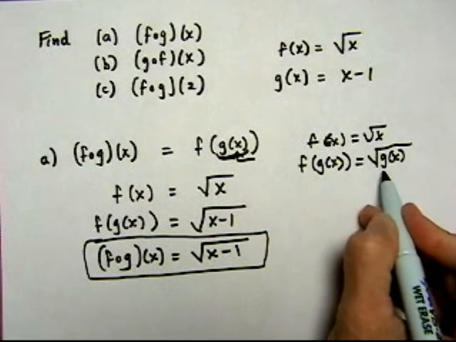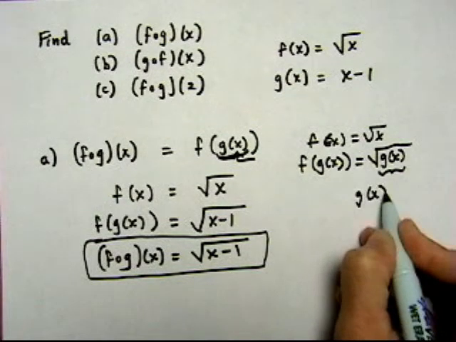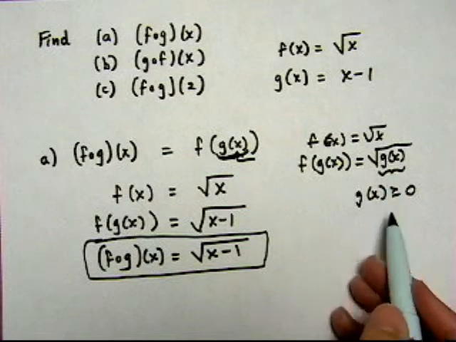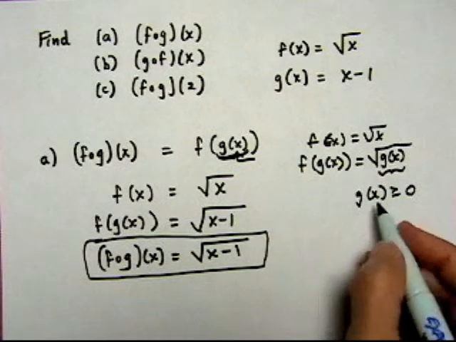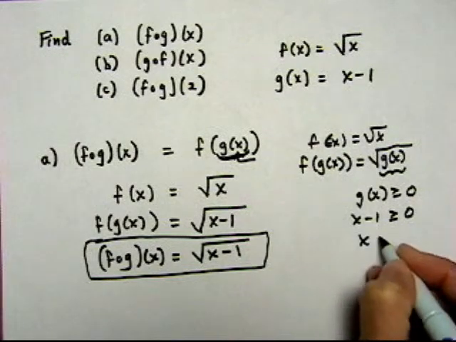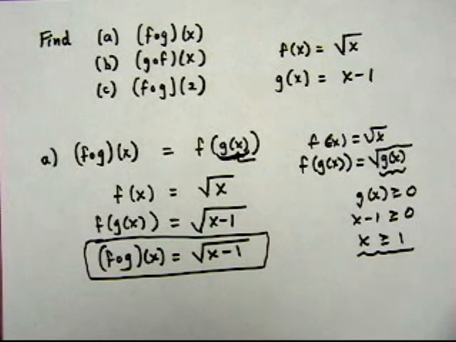So in other words, we want the g of x to be greater than or equal to 0. It can't be a negative number because then we'd have a square root of a negative. Well, g of x is x minus 1, and we need that to be greater than or equal to 0, so x must be greater than or equal to 1. So that would be a restriction that you have on your domain for this function.